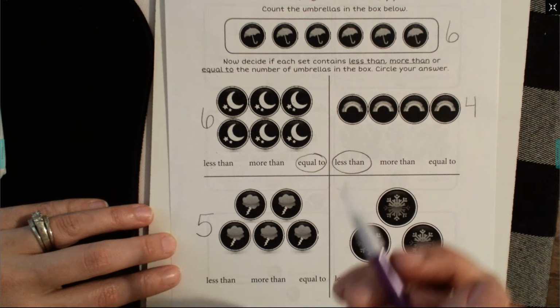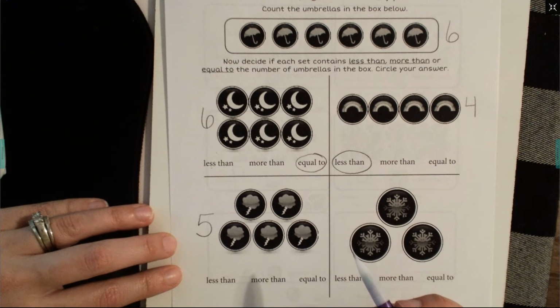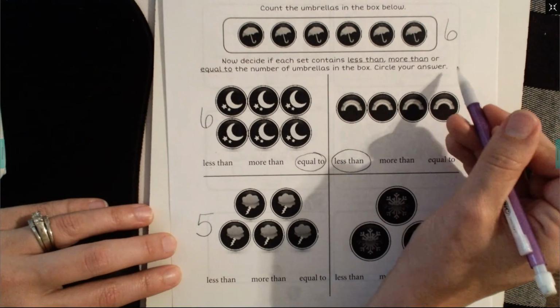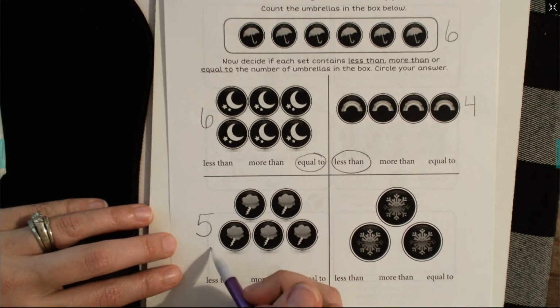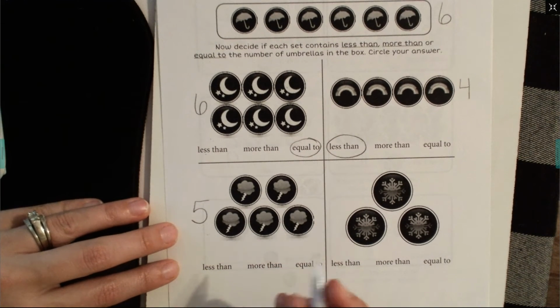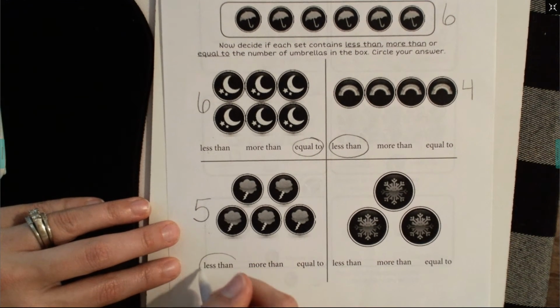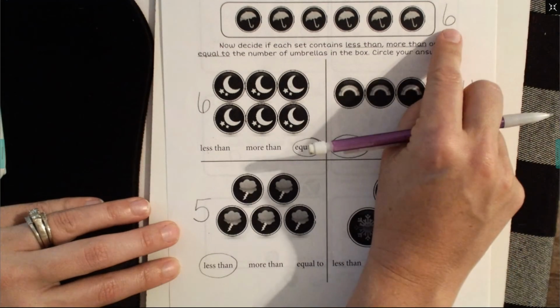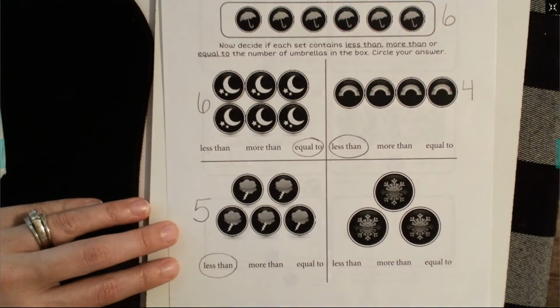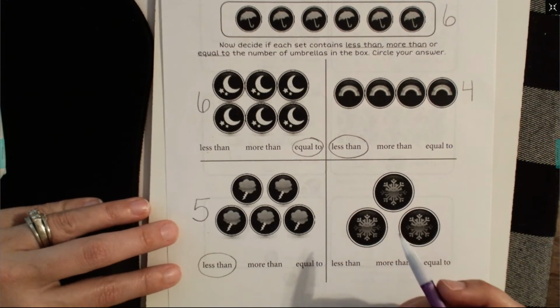Okay, so if I look at my two groups, it's kind of hard just to see by looking. But now if I look at my numbers, 5 and 6, I see that 5 is the smaller number. So that means that this group of lightning bolts is less than this group of umbrellas because the 5 is smaller than the 6.